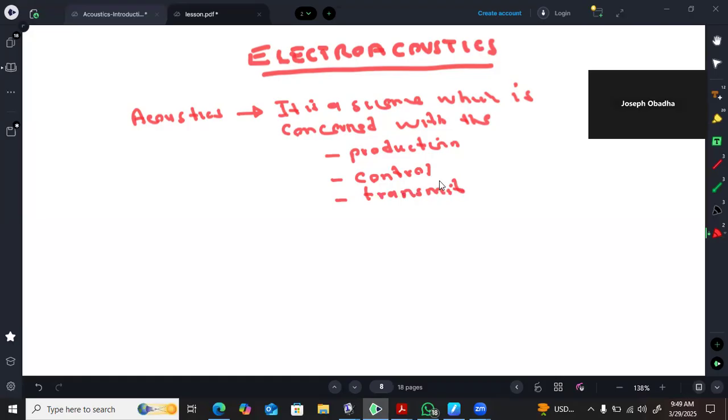And if we transmit it, how do we receive it? And in addition, what are some of the effects of sound?